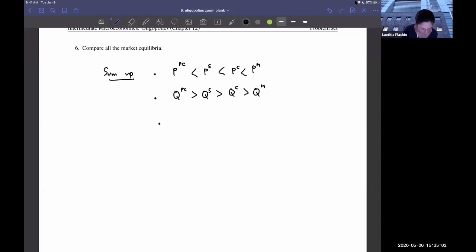Now let's compare the profit. So the profits are the lowest under perfect competition, okay? So we didn't calculate the profit in Stackelberg, but it should be profit in Cournot, profit in Stackelberg, and monopolist profit.